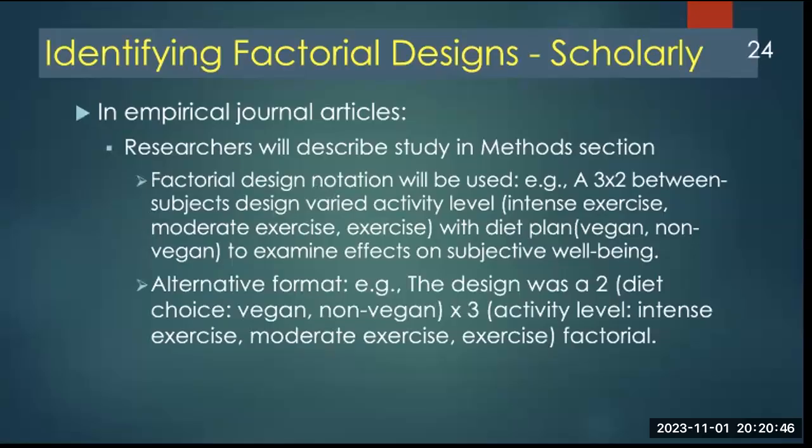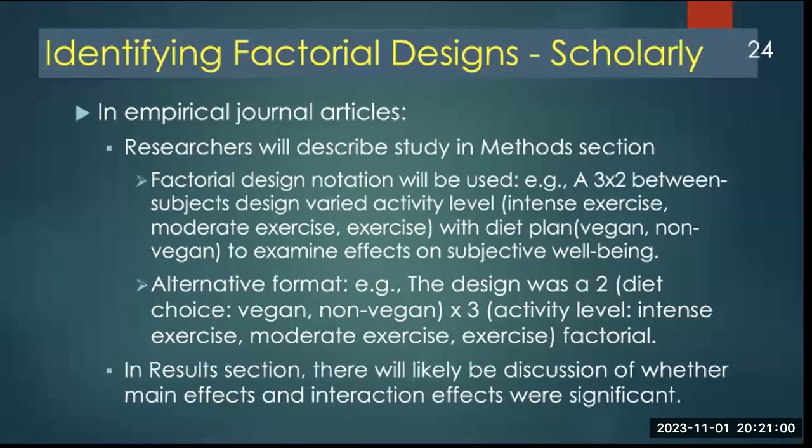So in the scholarly article, it's very easy to tell if it's a factorial design, because they'll explicitly state the independent variables and the levels involved, right? In the results section, you're going to see a discussion of whether there were main effects, interaction effects, and if there are interaction effects, they'll talk about the simple effects as well. So very easy to identify in a scholarly article.